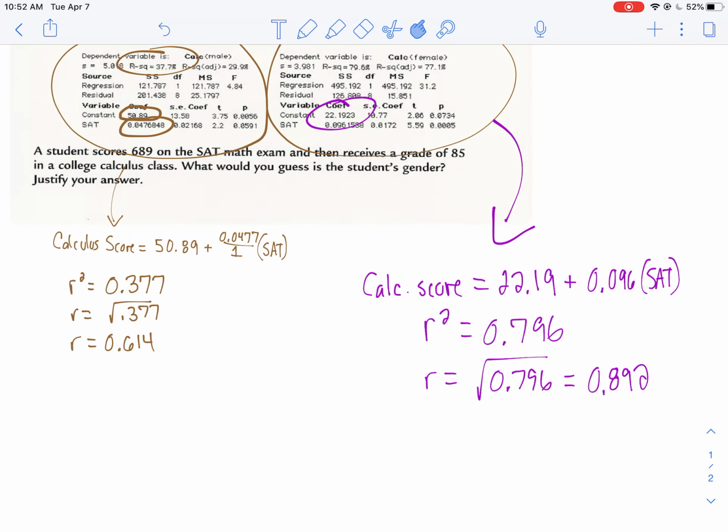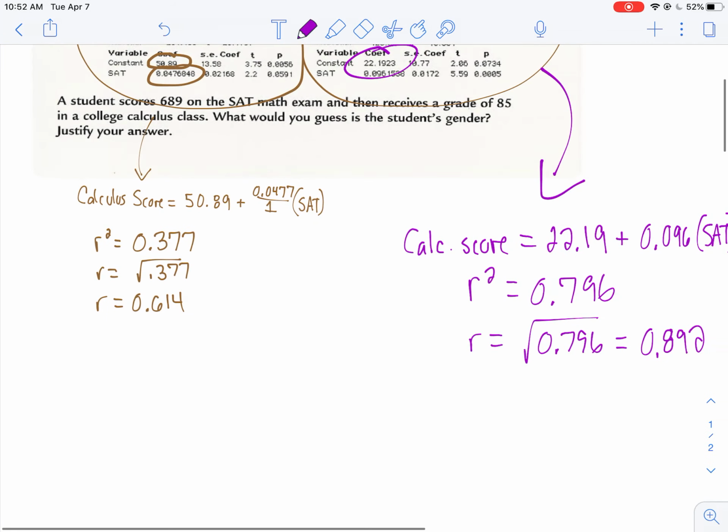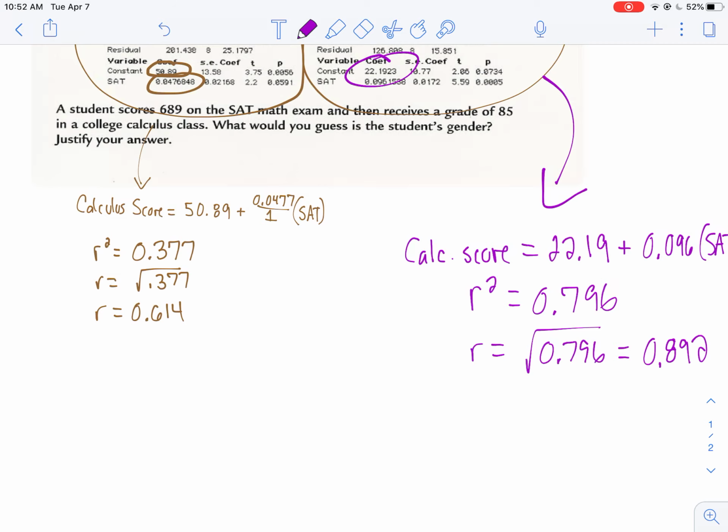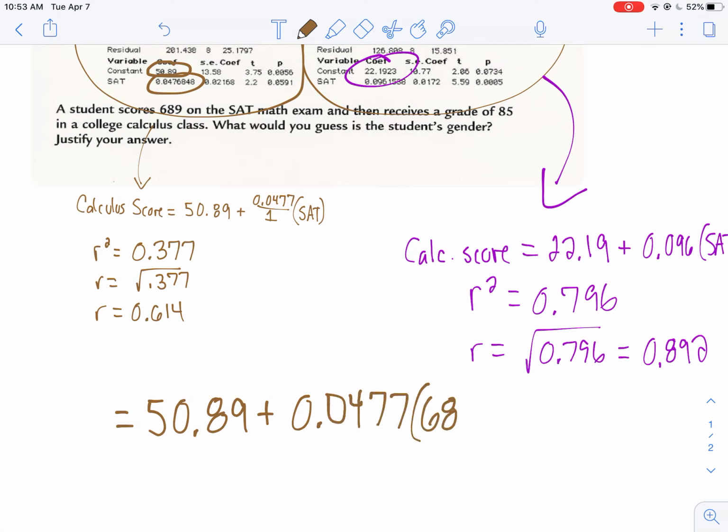Now they tell us a student scores 689 and receives a grade of 85 in the college math class. We have to guess the student's gender. What am I going to do? I'm going to plug in these values and see what happens. I'm going to plug in that SAT score of 689, and we'll try it for the males first. So we're going to do 0.5089 plus 0.0477 times 689.